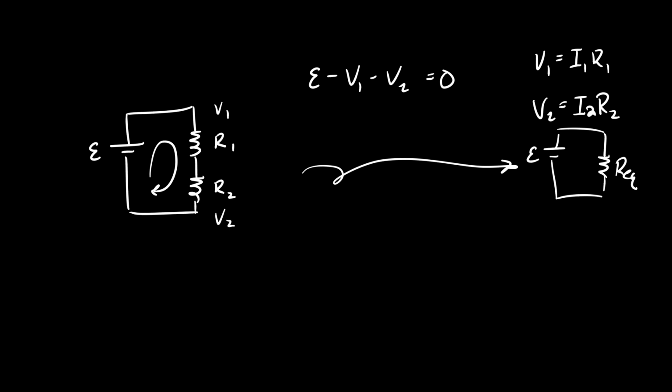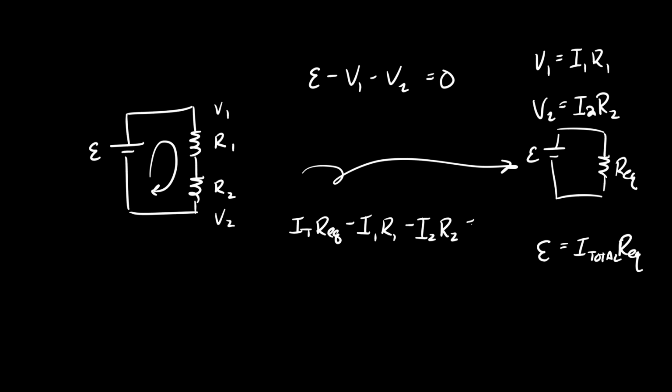And for this single circuit, we could probably say that the EMF would have to equal I total times R equivalent. That all seem reasonable to you? All right, good. So that suggests I could write this as I total R equivalent minus I1 R1 minus I2 R2 equals 0.